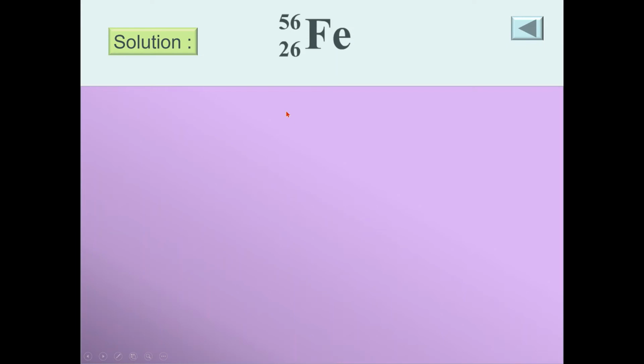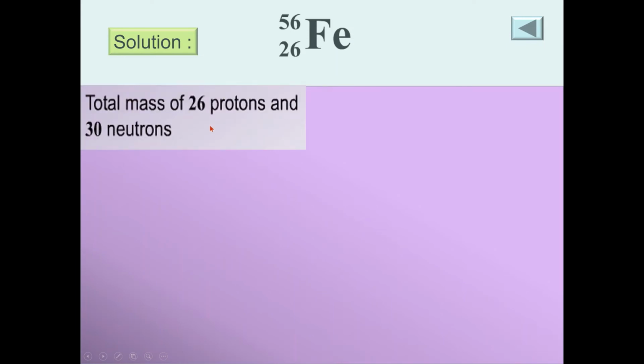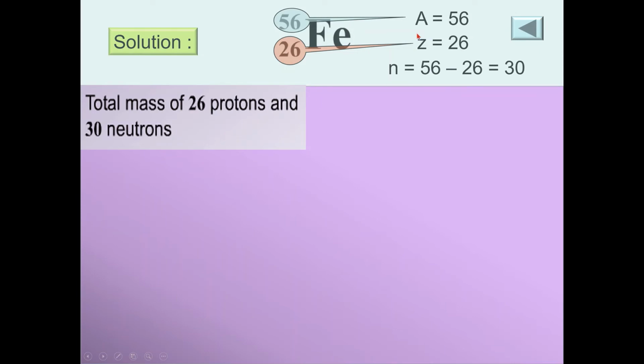So to calculate the binding energy, first we need to get the total mass of 26 protons and 30 neutrons. Iron consists of 26 protons and 30 neutrons. To get the 30 neutrons, from the symbol here, 26 is the Z number and 56 is the A. So the number of neutrons is 56 minus 26.